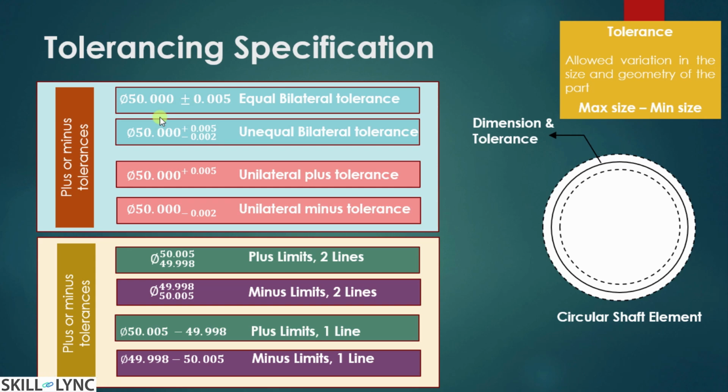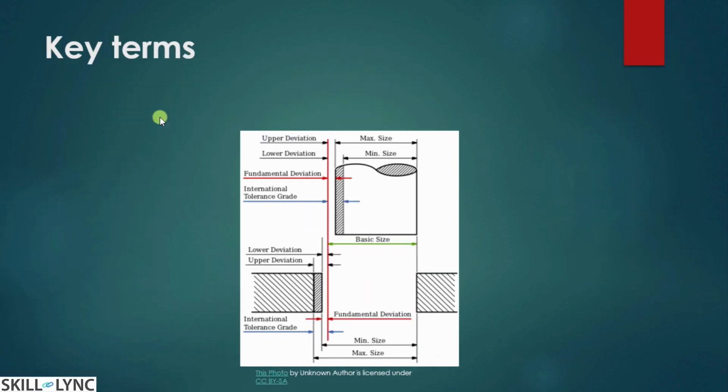Moving forward, let's see the different key terms that will help us designate the tolerance sizes, how to specify those tolerance sizes, and how to determine the interactions between the components. In this figure, there are two major components. One is your basic shaft, a typical shaft, and next you have a hole here.